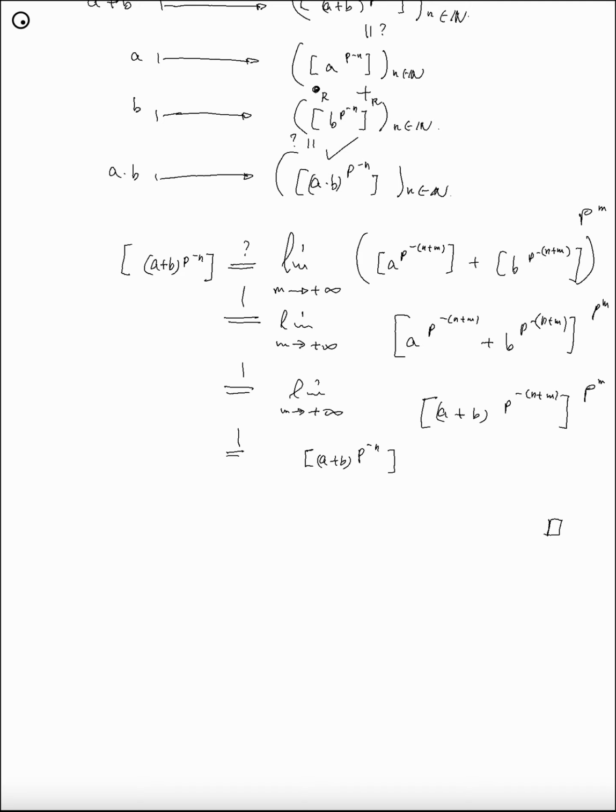Okay, as I said, in particular this is telling you this could be an injective map, which is our S from K bar to R, right?